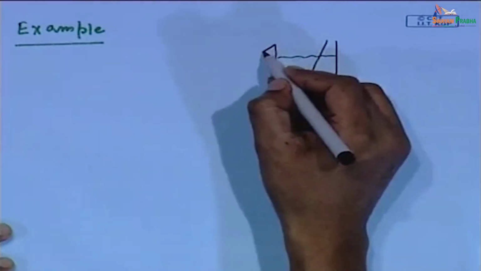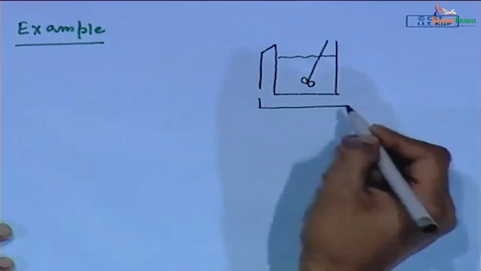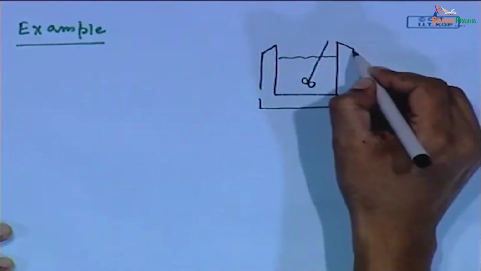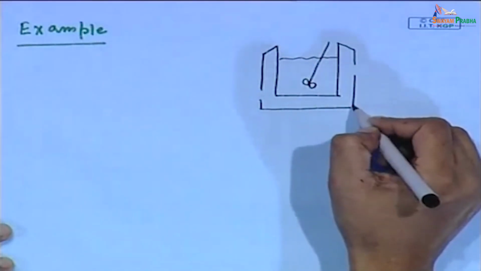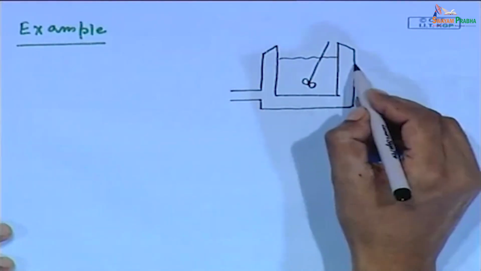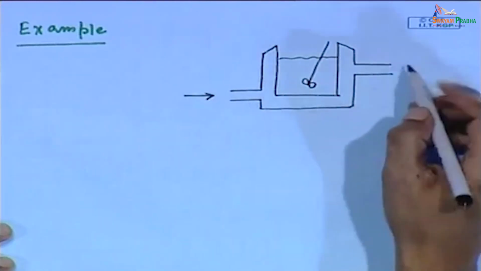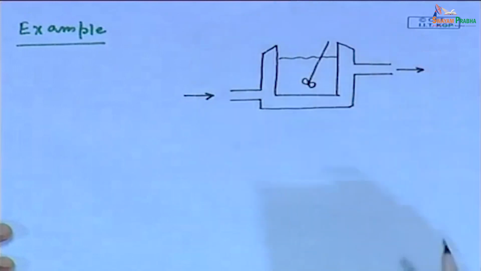This is a jacketed CSTR. The jacket fluid is entering here and it is coming out here.